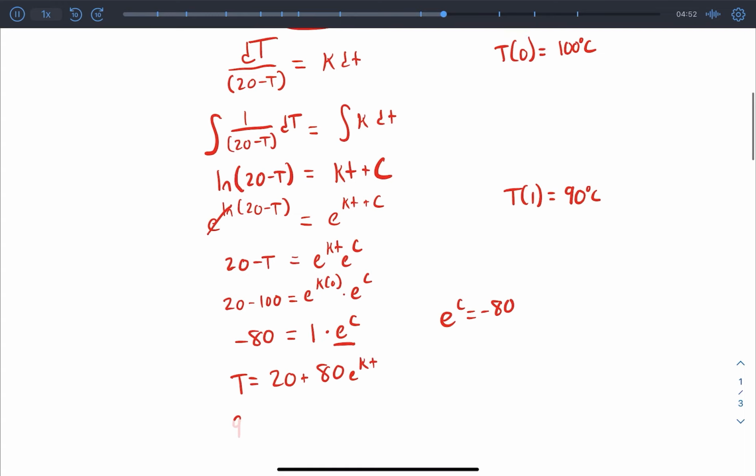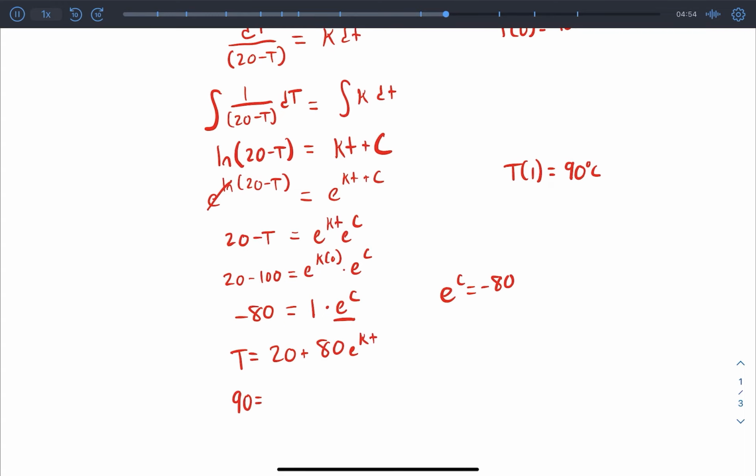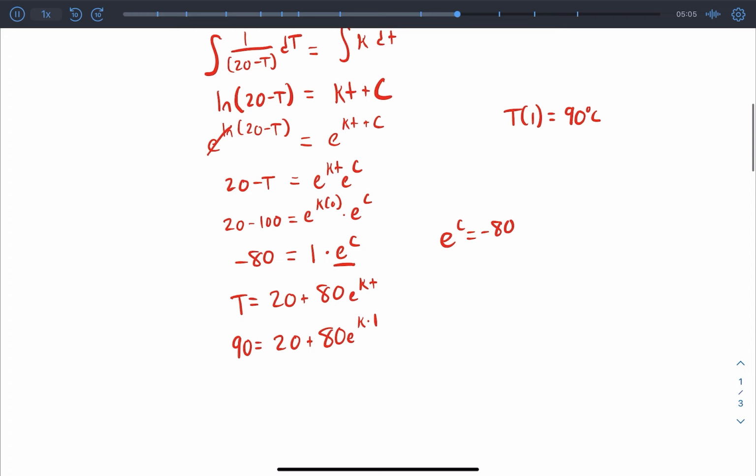So we've got that 90 is equal to 20 plus 80 e to the k times 1. Doing some rearranging, we get that 70 is equal to 80 e to the k. And moving some more things around, we find that e to the k is equal to 7/8.